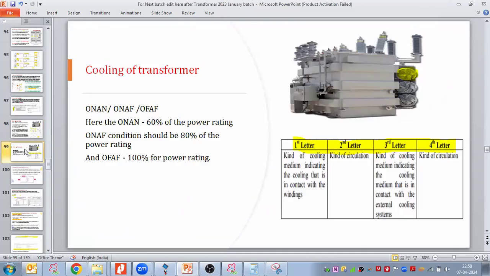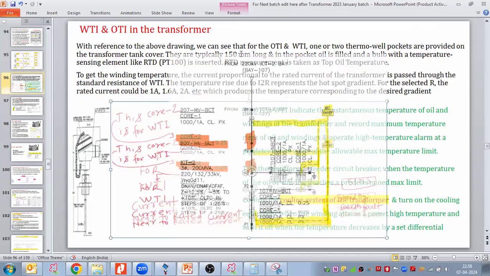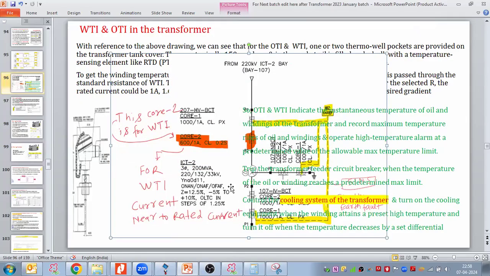Am I clear with the cooling? Where we take what kind of cooling, and when I'm taking the cooling, how this power is increasing. Let us see this SLD snapshot. They have written 200 MVA, but we write here three ratings: the rating on the ONAN, the rating on the ONAF, and the rating on the OFAF as well.